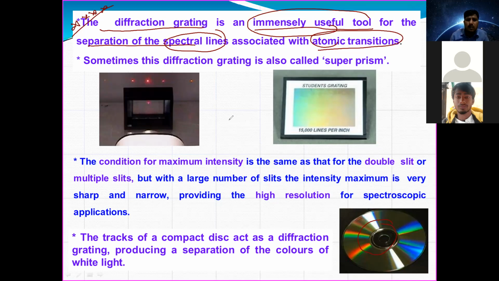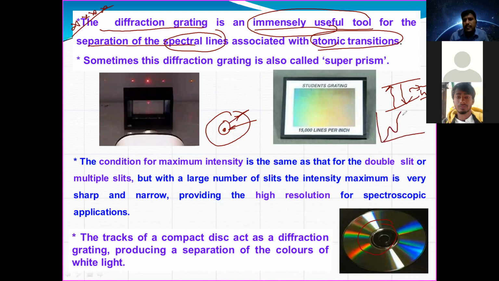That is, in an atom we have electrons, right? When they make a transition, you have the spectrum. Up and down, the photon of energy h nu will be emitted, right? So in this kind of transition, you'll get spectral lines like this.